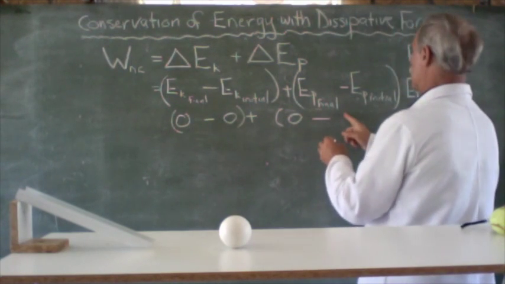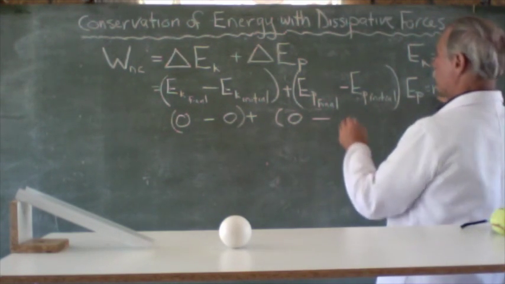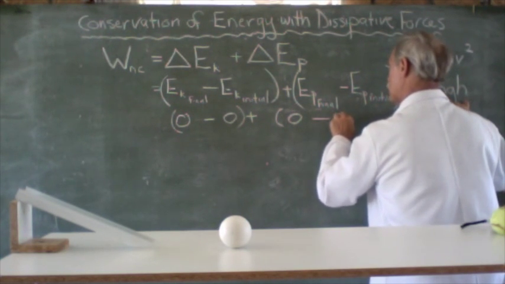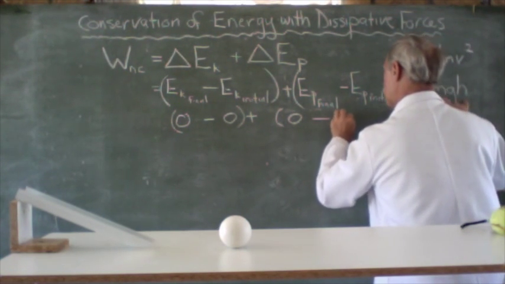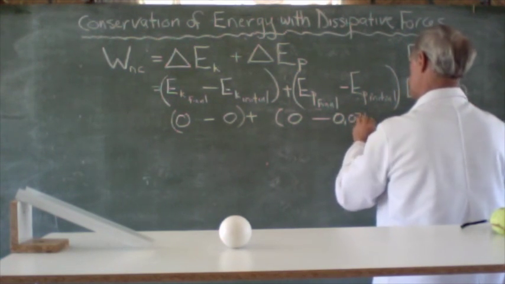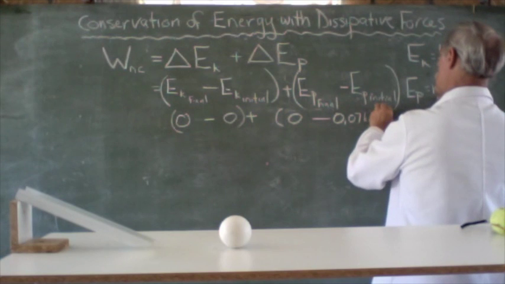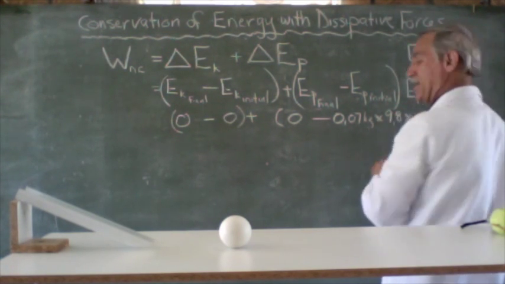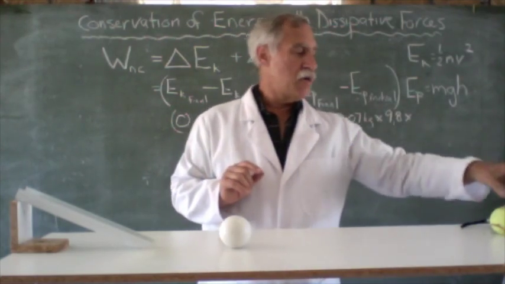But we don't work in grams, we work in kilograms, so we're going to divide that 70 by 1,000. So let's apply our formula. Mass is 70 grams converted to kilograms divided by 1,000 is 0.07 kilograms. That's the mass. Times g, which is 9.8, times height in meters.